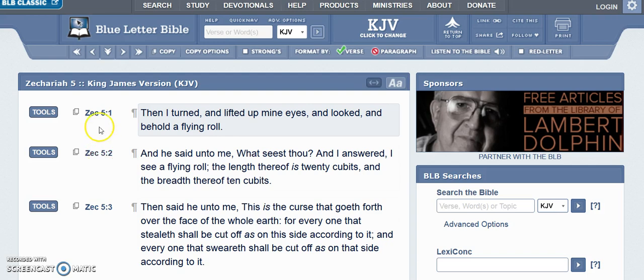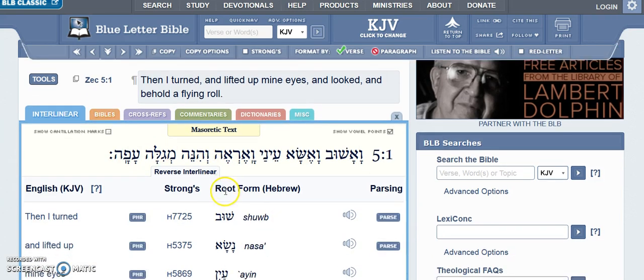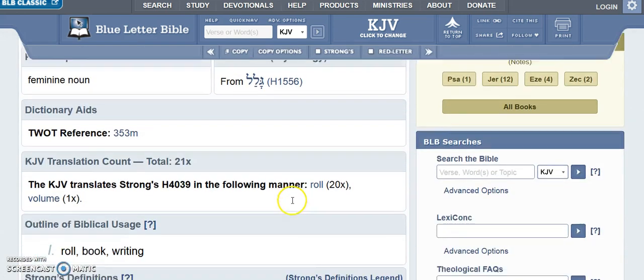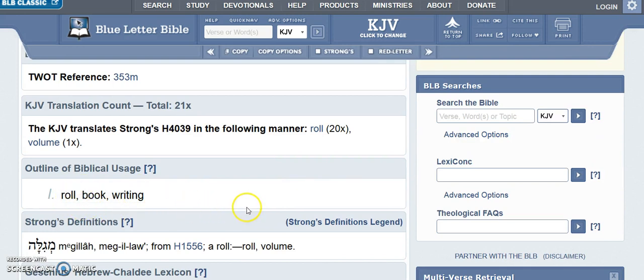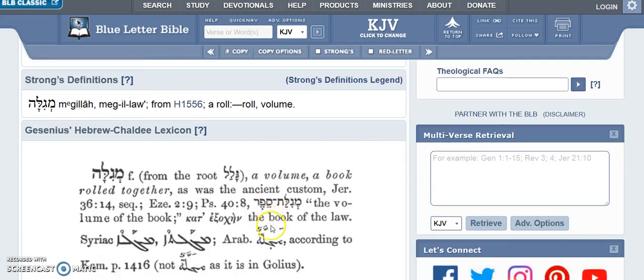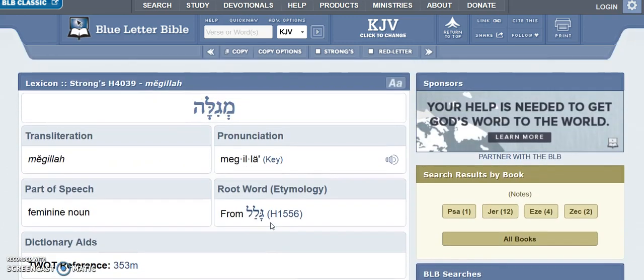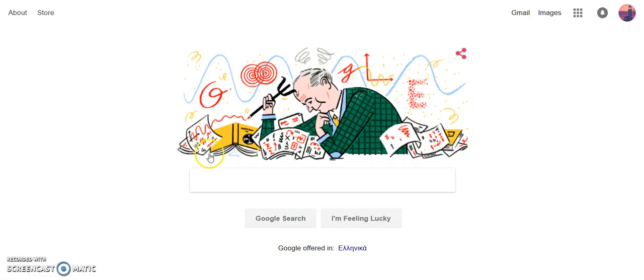Okay, and if you look at it in the Hebrew, you see that the word is this word Megillah, which means a scroll, a roll, or a book. And then conveniently enough, in this Google drawing, you have a book, which really didn't make a lot of sense when I first saw this.